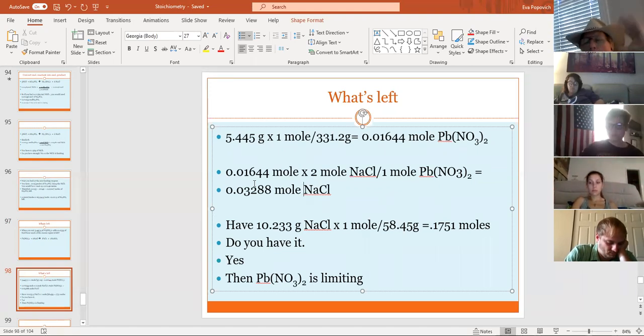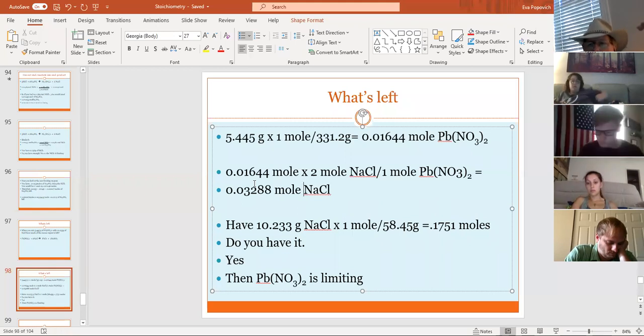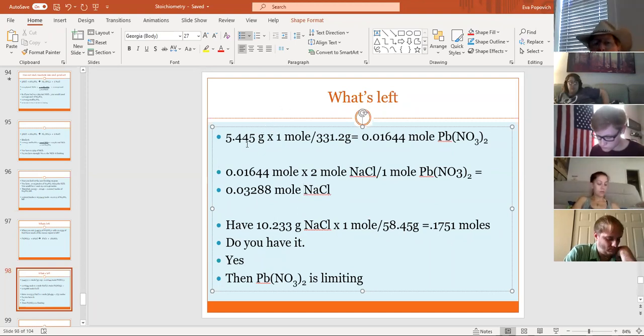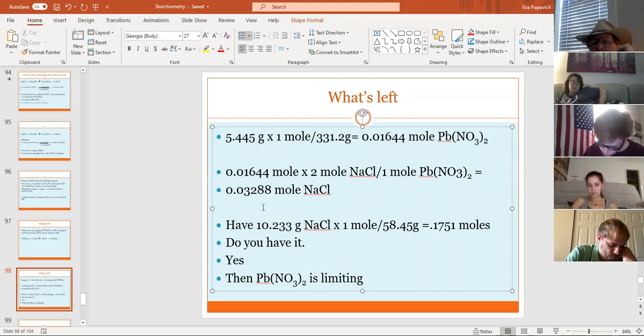Come on, guys. This is the hardest problem in stoichiometry. If I have 5.445 grams of lead nitrate, I have 0.01644 moles of lead nitrate. I multiply that by the molar ratio of sodium chloride to lead nitrate. This gives me 0.03288 moles of sodium chloride. All right.